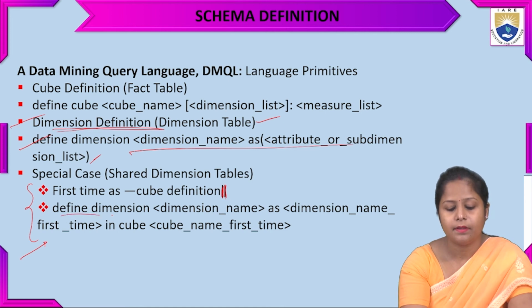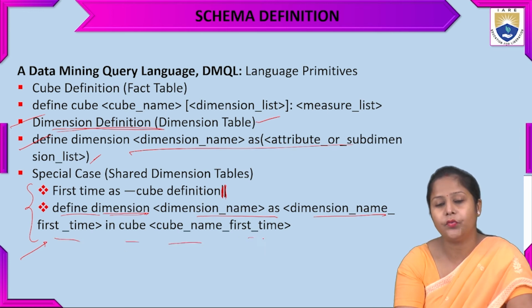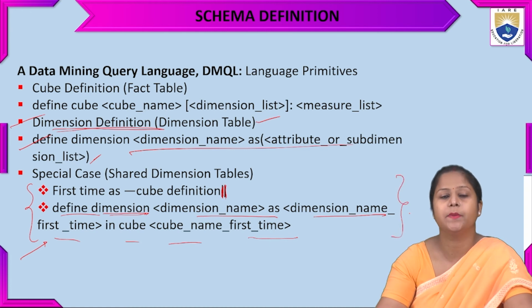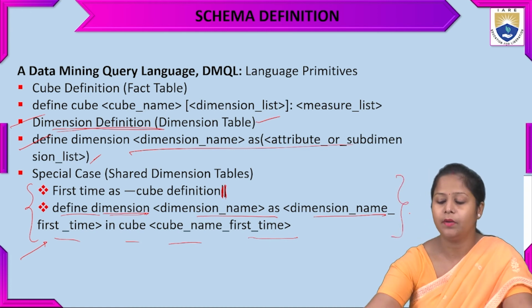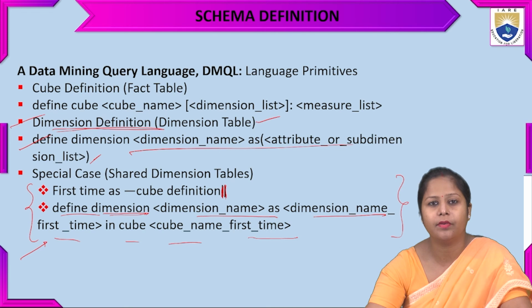So define dimension name first time in cube first time. This is the syntax for the special cases when we have more than one dimension table. So that was all about the schema definition syntax we use in the real-time example.